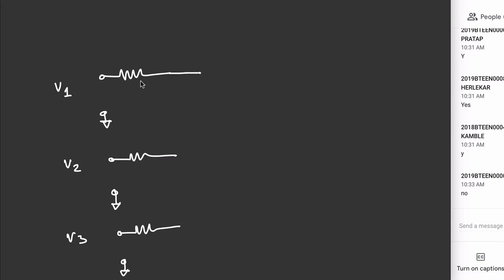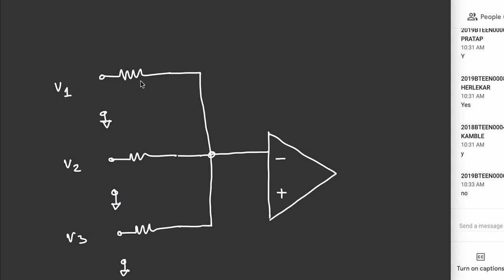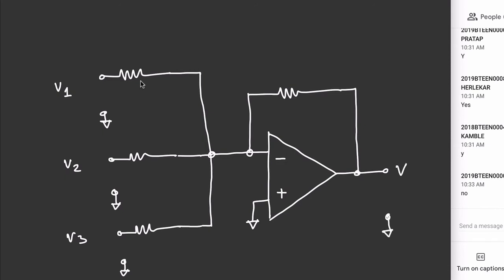Then these three signals through the resistors are combined. Again an op amp is connected, and the output is taken with respect to ground, VO.